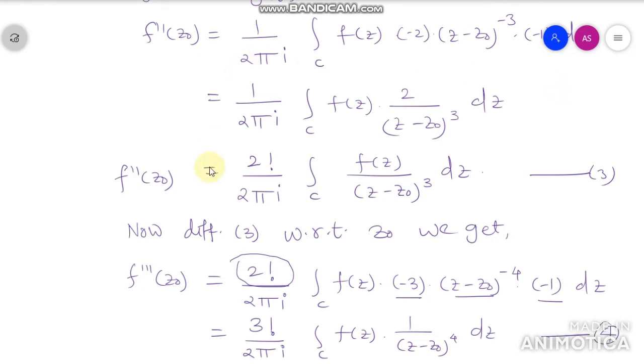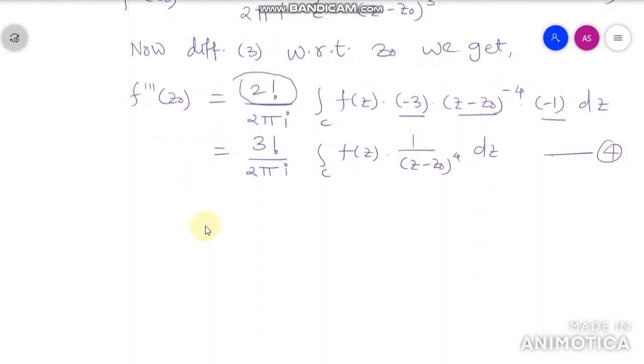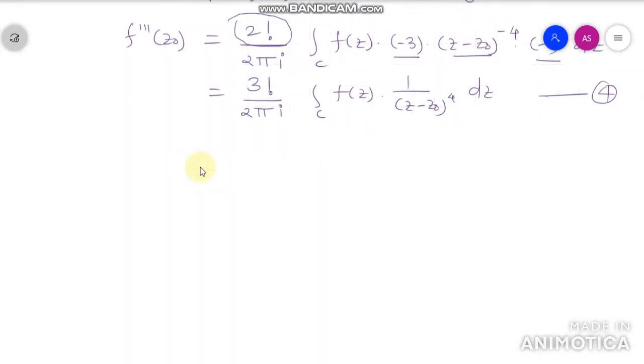So from equations 1 to 4 we have the generalized formula: the nth derivative of function f at z0 is equal to n factorial, because here we have the third derivative, hence 3 factorial.